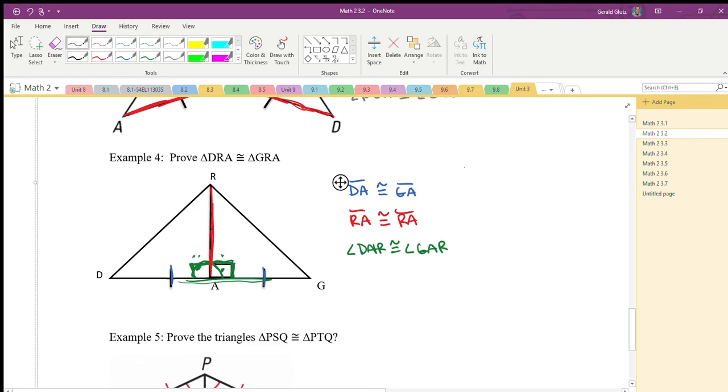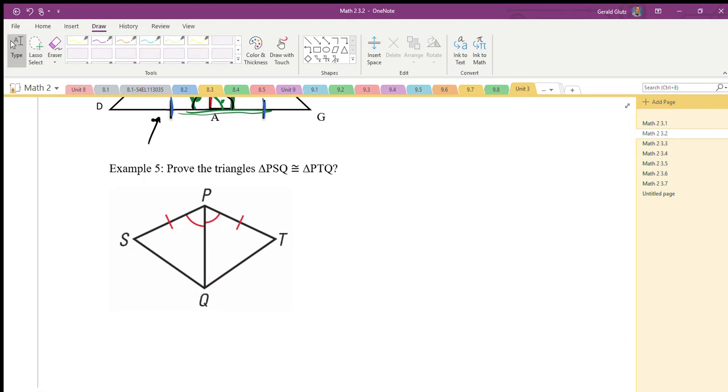So I can say that triangle DRA is congruent to triangle GRA by the side-angle-side postulate, because we got a side and then the angle in between.